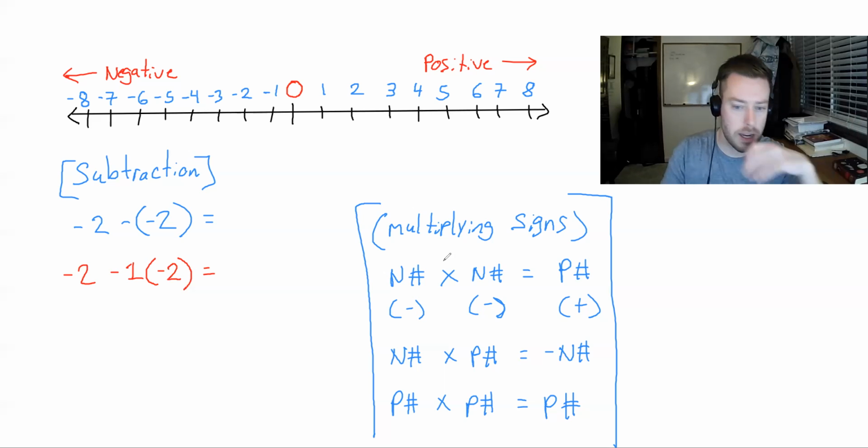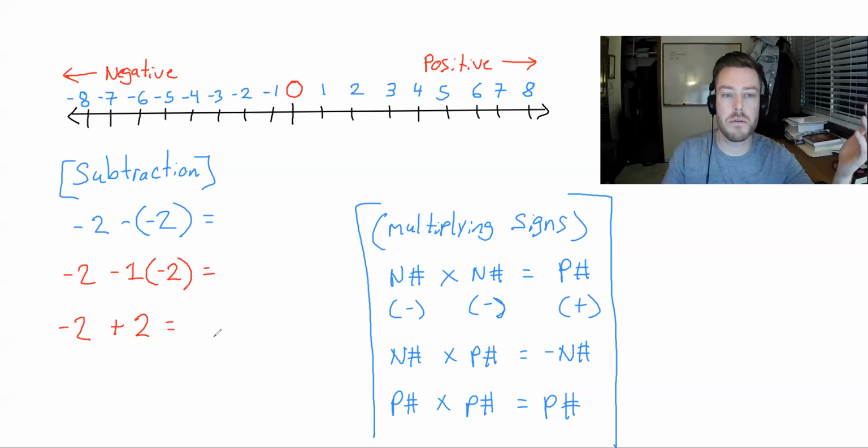As we said, a negative times a negative is equal to a positive number. So we keep this -2 out front, and a negative times a negative gives us a positive, so we know it's positive. 1 times 2 is 2, right?